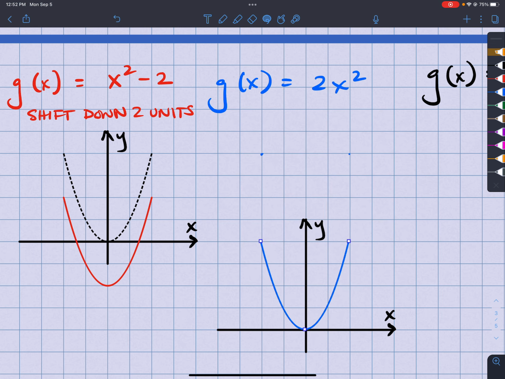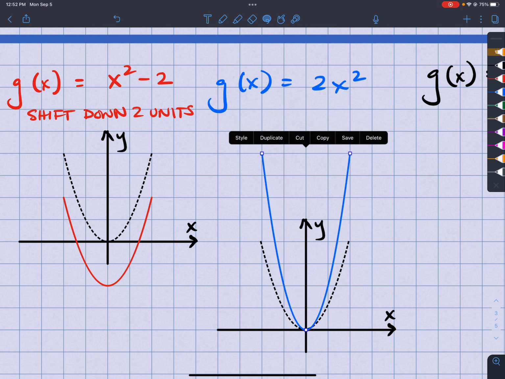It's going to take my y value and bring it all the way up to here. But if I took my y value of 0 multiplied by 2, it's still going to be 0. So we notice the difference between the black dotted line and the blue is that the height doubled, right?